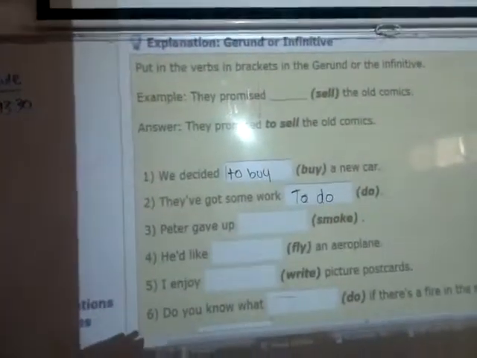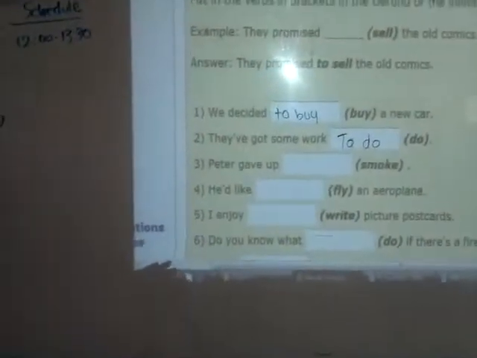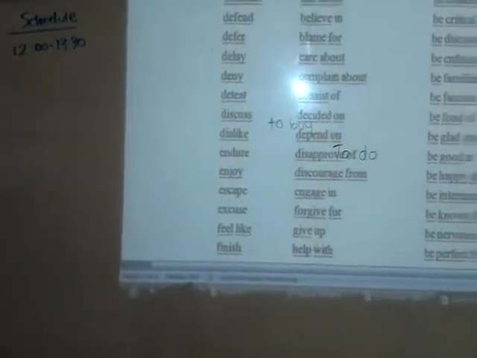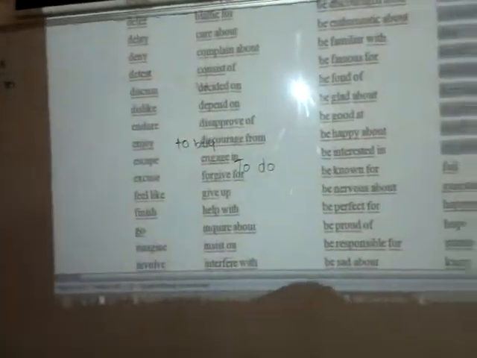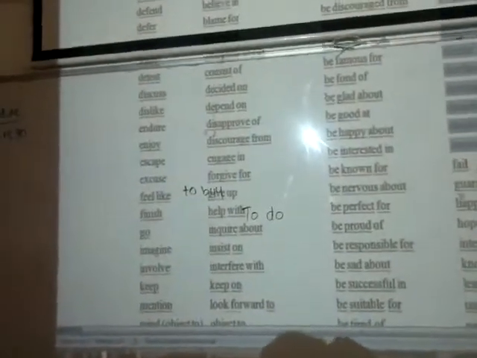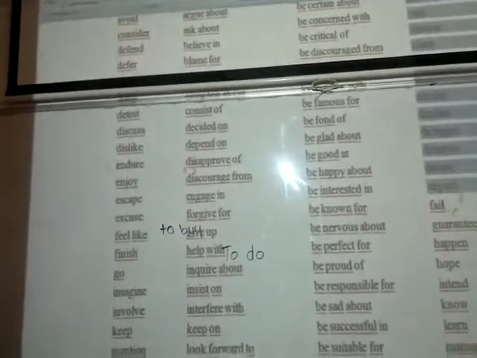What about the next one, Elizabeth? Peter, you need to read it first. Peter gave up. Okay, it's in past, but the real verb is to give up. So let's find give up first. It's not there.